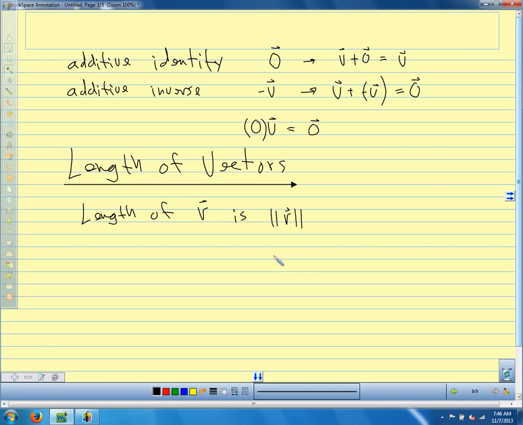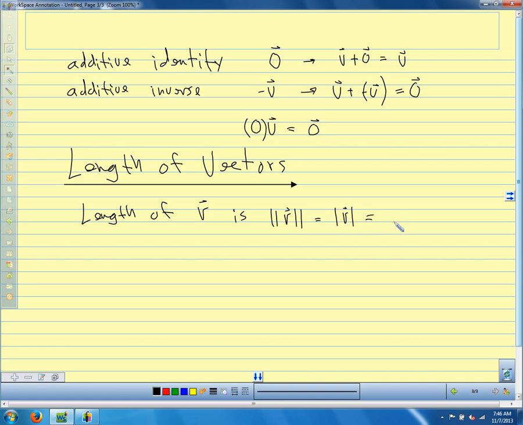And sometimes when I learned it, we just wrote 1 bar, so absolute value. It's the same thing. In the book, you'll see it's more common now to have the double bar. I always learned it this way. I will try to do the double bar because that's what you'll see in your book. But if you see this, it means the same thing.